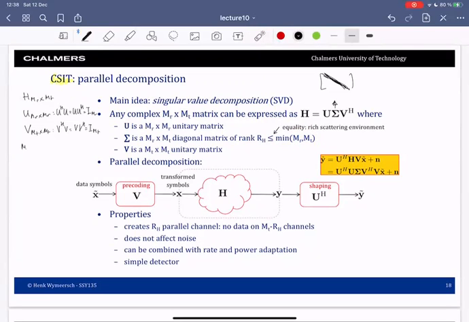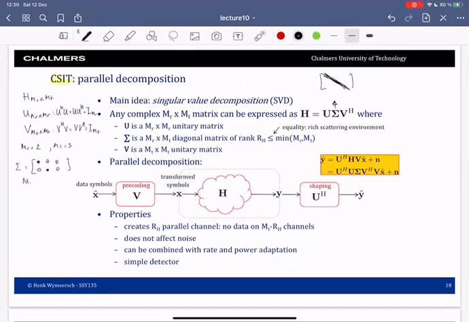So let's say that MR is equal to 2 and MT is equal to 3. That means sigma is a 2 by 3 matrix. So it can have a value here and a value here, and then of course the rest will be zeros. But you see that you can only have up to 2 non-zero singular values, just because you only have 2 receive antennas.